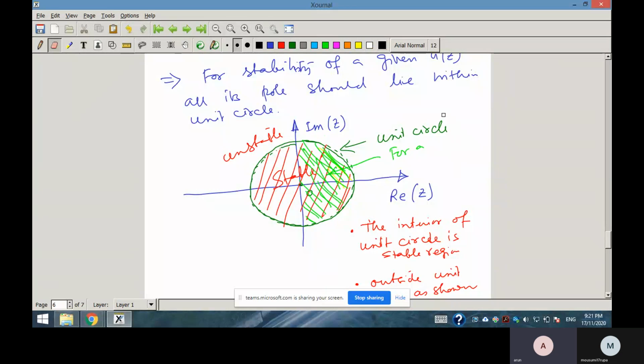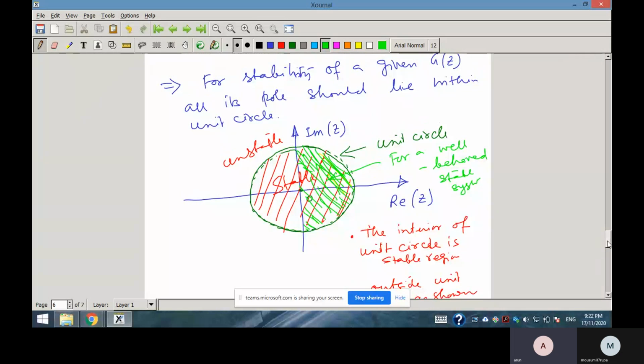The pole location should lie here. The whole interior is stable, but the right side of the unit circle is the region where a well-behaved system should have its poles.